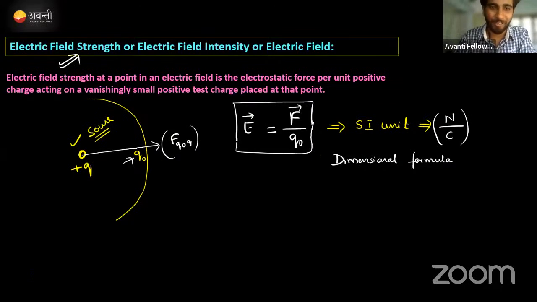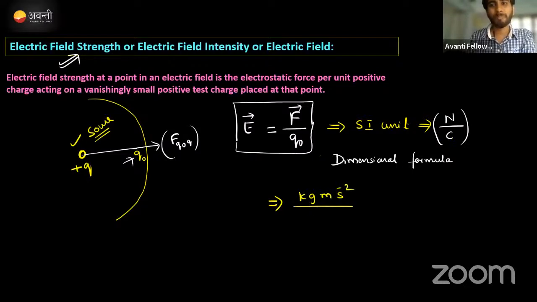Tell me the dimensional formula. Well tried, Devegowda. We'll cross check that. Newton has a formula. Newton comes from force only, right? kg meter per second square.